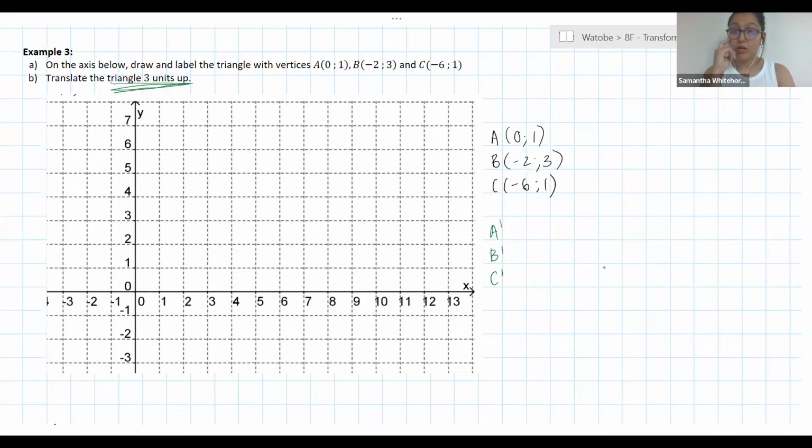What I would start with is drawing the triangle that I initially gave you, so first drawing the triangle ABC. Only once you've done that will you translate the shape. So I'll start with drawing the original triangle, and then I'll give you another second or two to translate it for yourself.